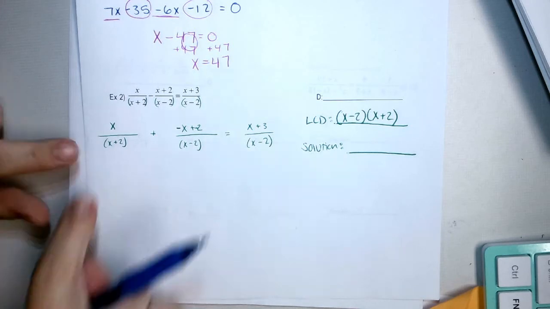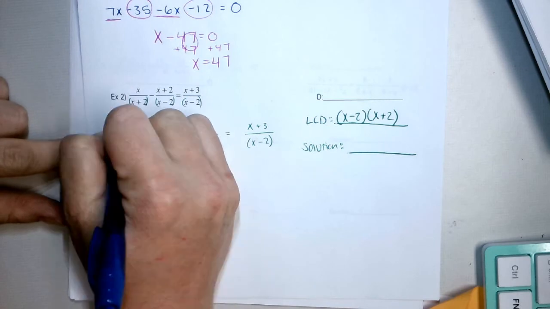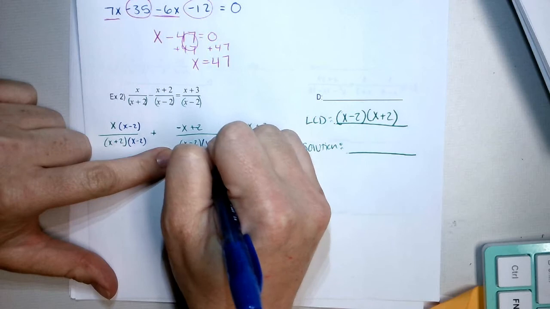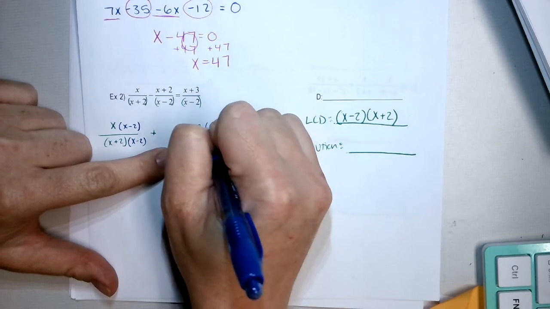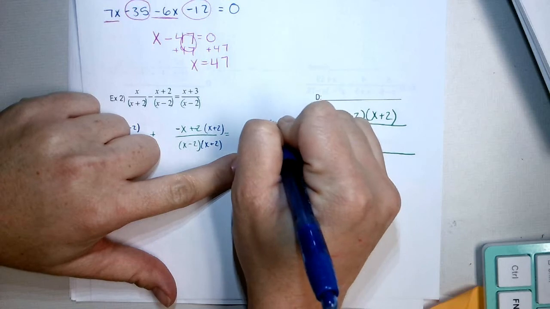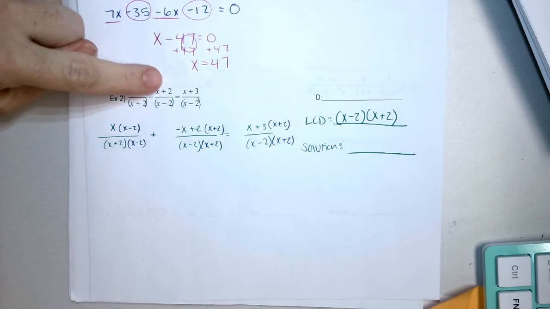This is an x plus 2, I'm missing the x minus 2. This is the x minus 2, I'm missing the x plus 2. Missing the x plus 2. Because it was minus, I distributed the negative.